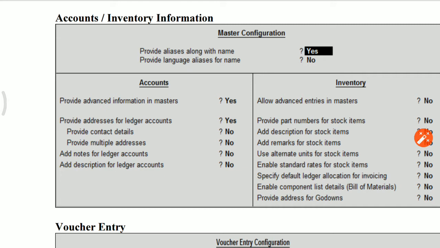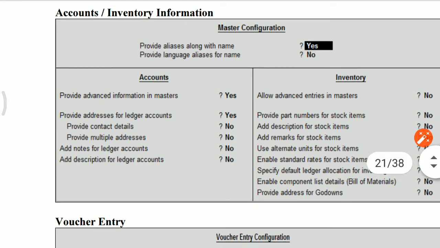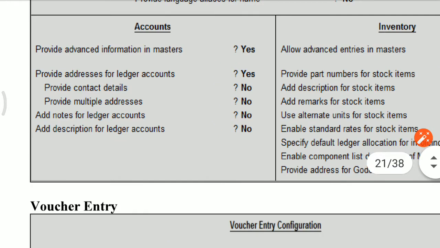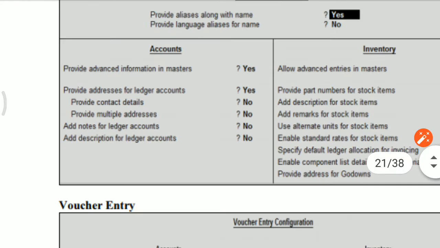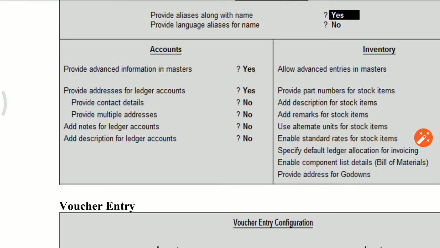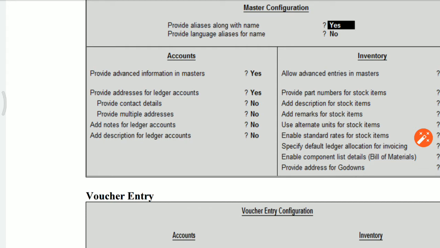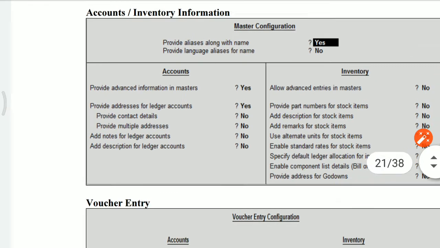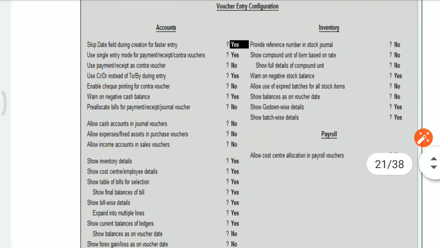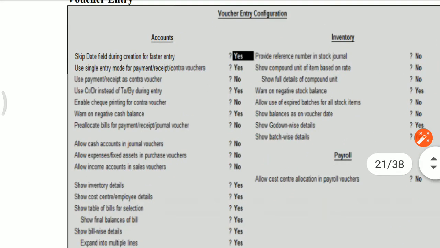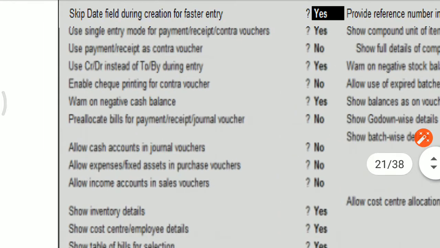This is the most important setup, master and inventory. For example, provide contact details, provide multiple addresses. These options, if you press yes, then at the time of booking of stock vouchers, this option will demand the additional details.